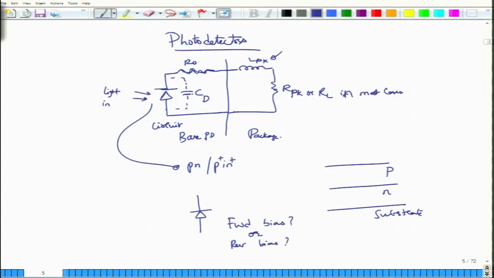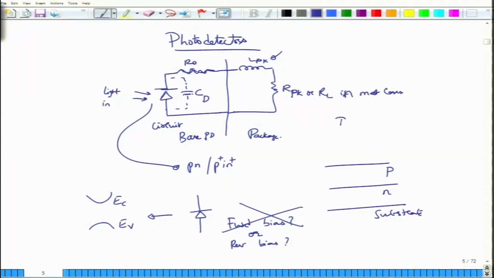What do you think? Well, if you have paused and thought about it, you would quickly realize that I should not forward bias the photodetector. The reason is very simple. If you go to this PN junction, you will again encounter your familiar conduction band and the valence band. I am of course assuming that this is a direct band gap material.